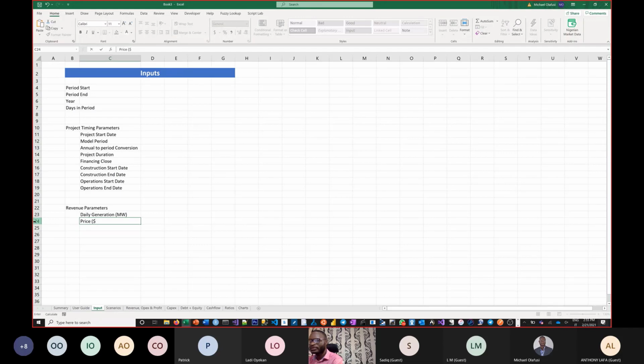Even if a Nigerian bank is involved, it's usually in dollars. So let's say price, dollar per kilowatt hour. Okay, and so maybe these are the parameters relating to the revenue.